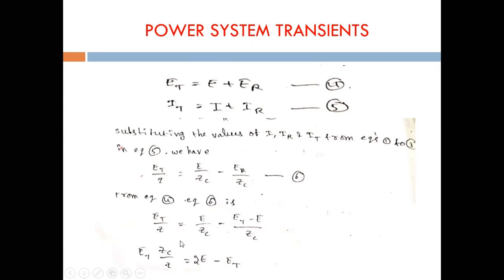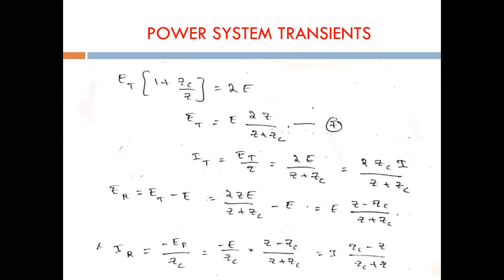Using this equation and substituting the values, that is 1 plus ZC by Z, we obtain the ET value and the IT value. ET is the refracted voltage and IT is the refracted current. ET is equal to E into 2Z by Z plus ZC.